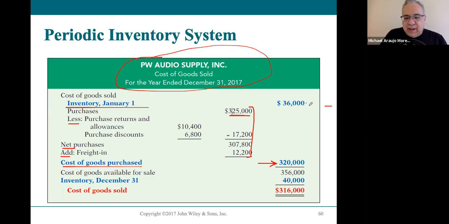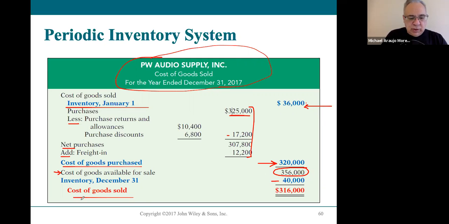You add your beginning inventory to your total cost of goods purchased. So the total amount of goods available for sale cost you $356,000. Okay, that's the third step here. That's that middle box in that scheme of things there. At the end of the period, we count what's left, right? So you have $40,000 of this inventory still in the store.